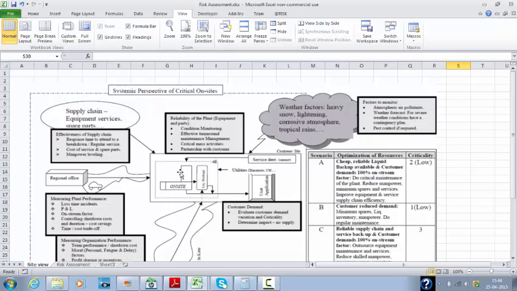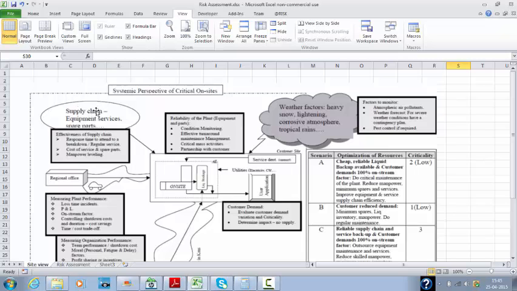It could be a corrosive atmosphere if it's in a chemical process zone, a clustered chemical zone. And then you have the problem of supply chain. To do maintenance of this unit, you need to wait for the service technicians to come to the site, so there are going to be some delays from this side.